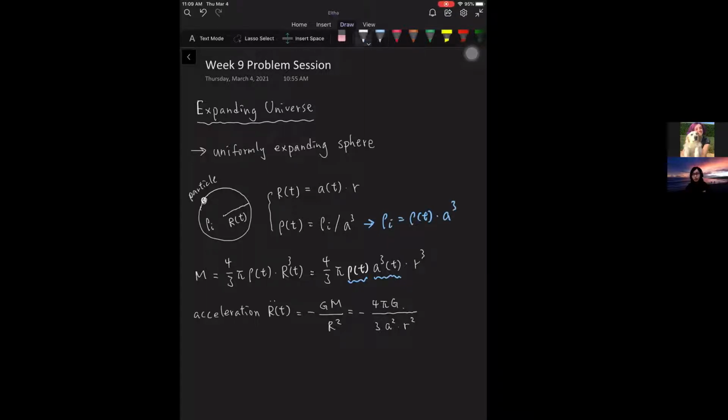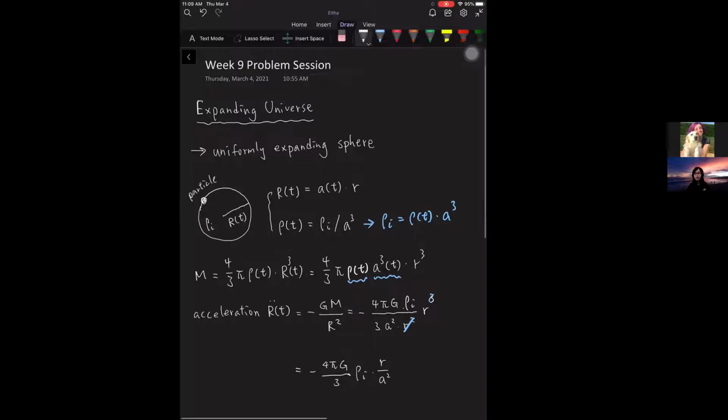So we can simplify this to rho I, and then the last term left is small r cubed. We can cancel out r and are left with only one. And then this can be simplified to minus 4 pi G over 3 times rho I times r over a squared, right?